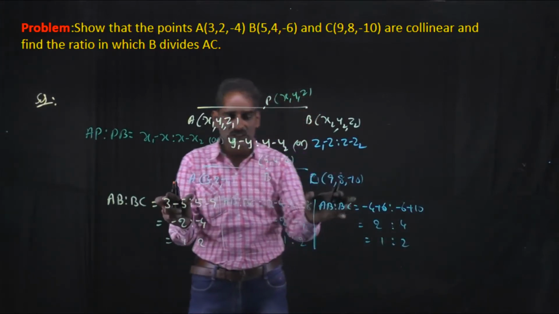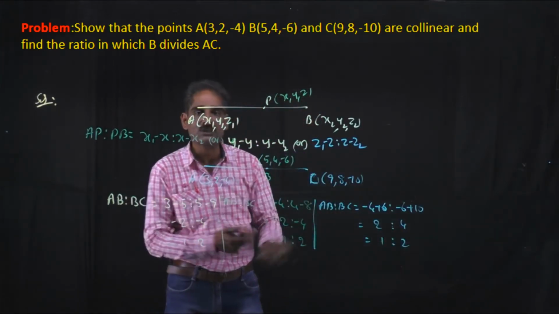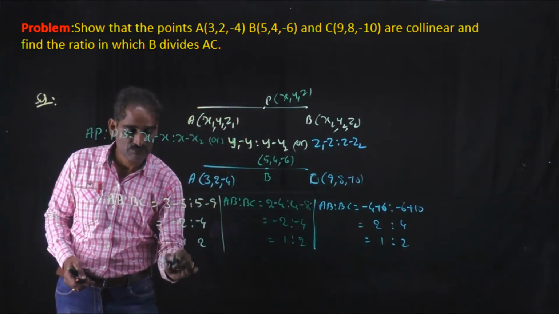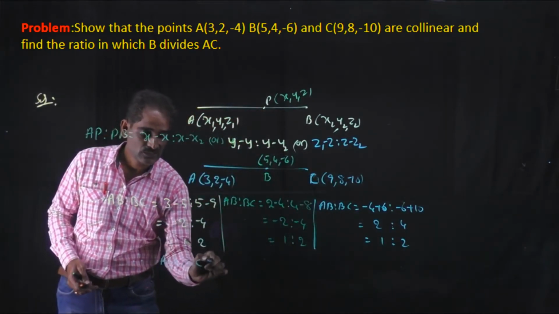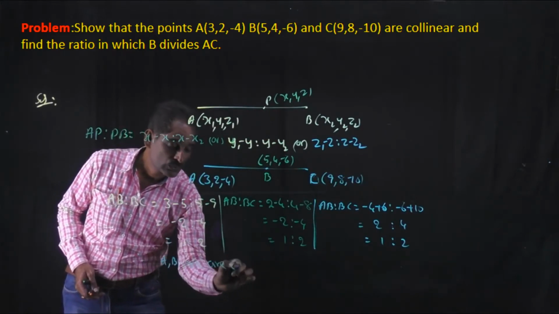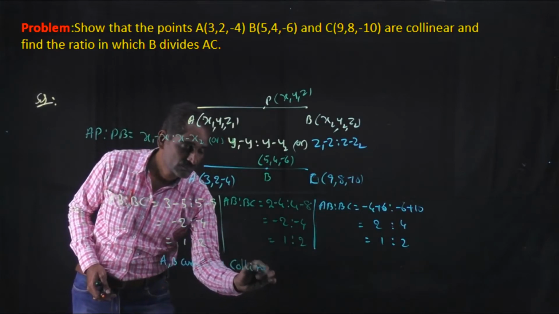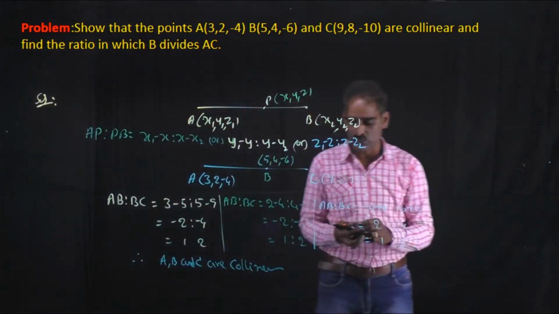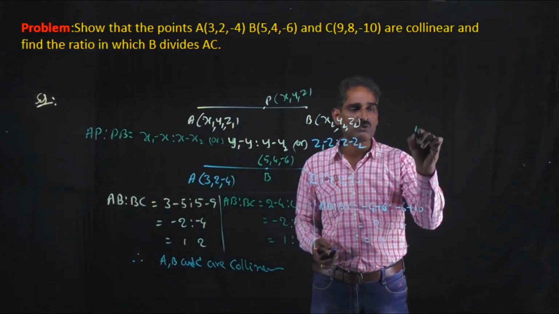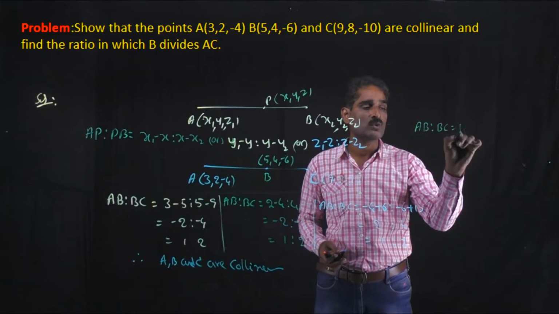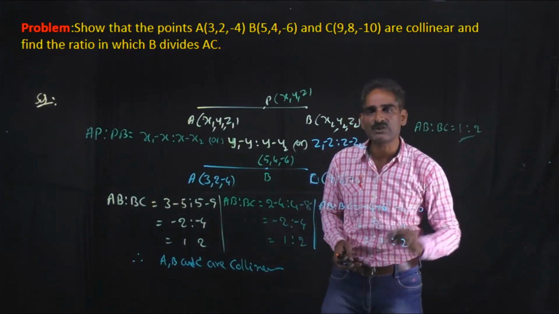In all the three cases, the AB is to BC ratio is the same. Therefore, the given 3 points A, B and C are collinear. The ratio in which B divides AC is 1 is to 2. This is the problem.